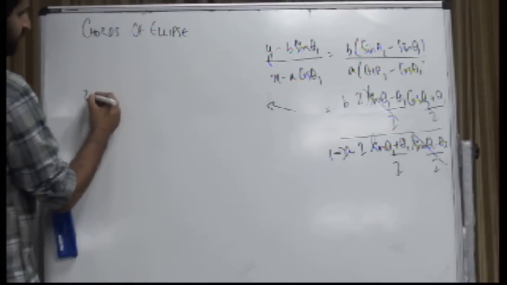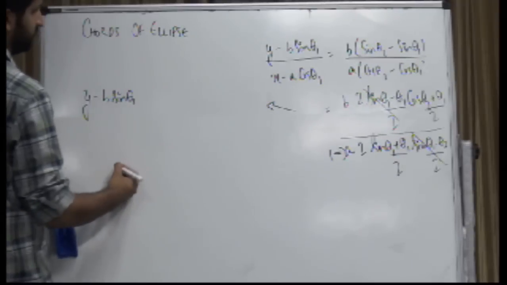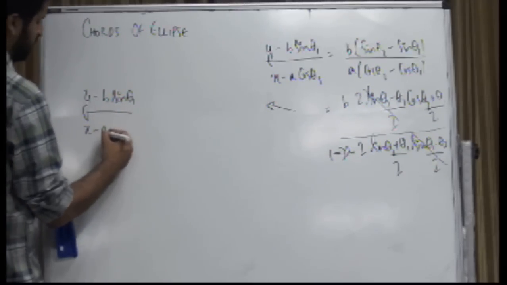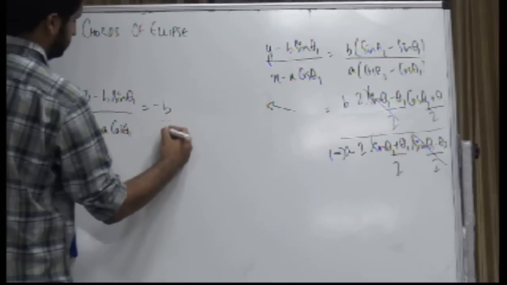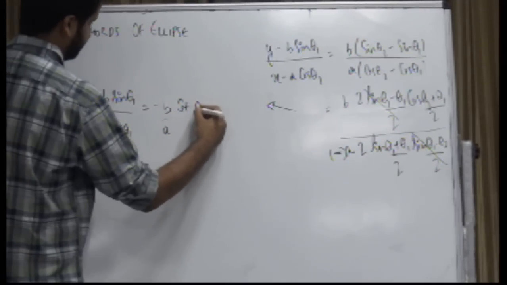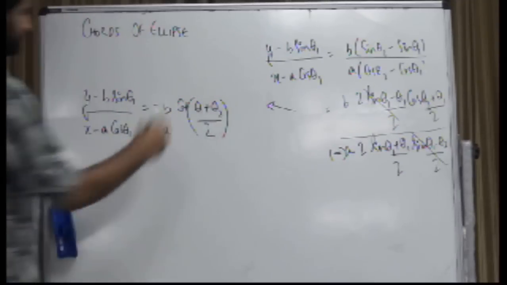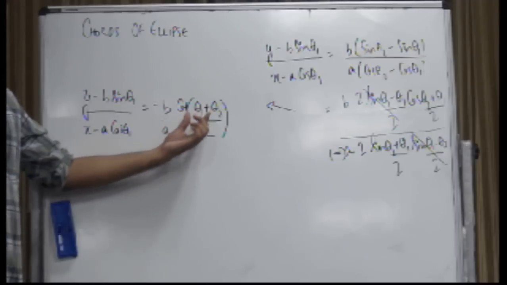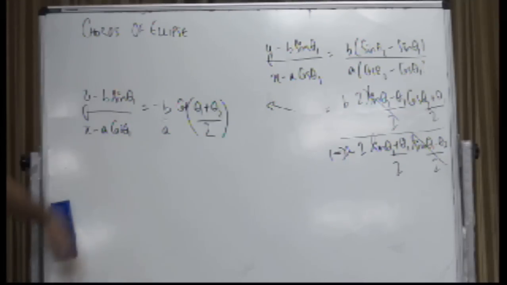y minus b sine theta 1. Okay. So what next you can do is you can convert this into cos upon sine, right? And then you can cross multiply.